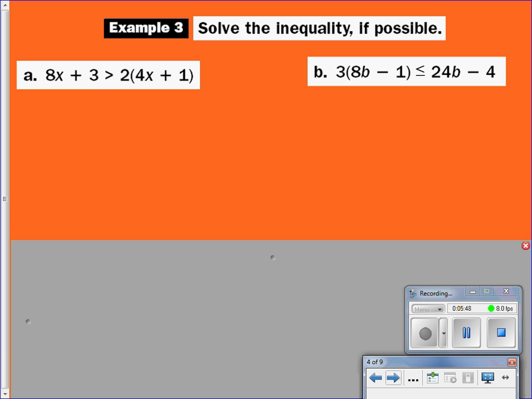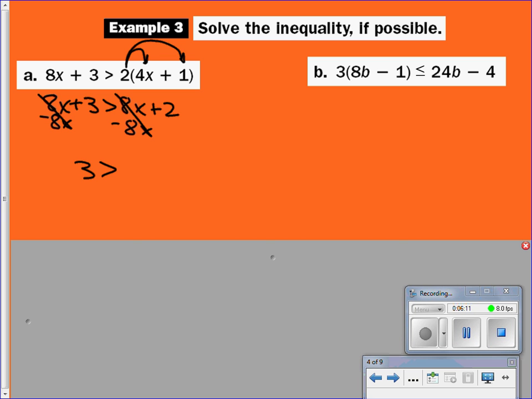You do have to remember back when we were solving equations, there were sometimes lots of steps, where this one I am going to have to distribute because I can't just divide everything by 2. Greater than 8x plus 2. Now, if I've got variables on both sides, I have to subtract my variable term, but notice these completely disappear.